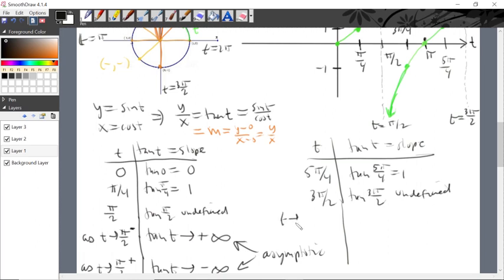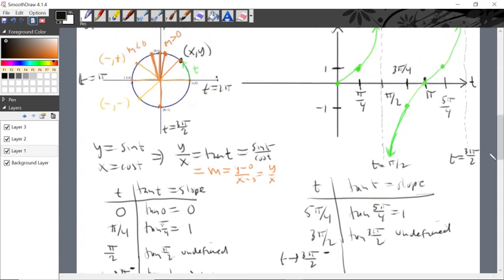As t approaches 3 pi over 2 from below, so from less than 3 pi over 2, if we choose t to be a little less than 3 pi over 2, then geometrically we're talking about the slope of this line right here. Notice the slope of that line is going to be positive. Throughout quadrant 3, the slope is going to be positive, and it's going to get more and more positive.